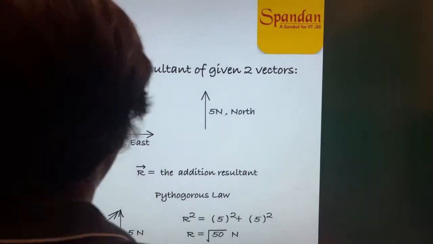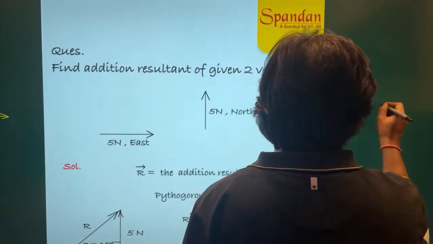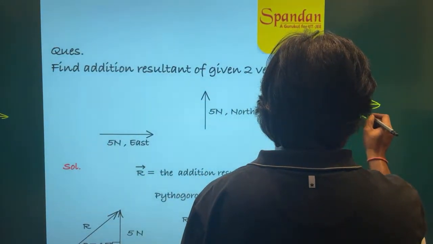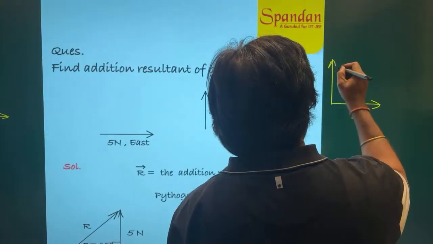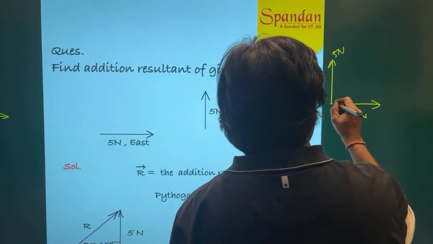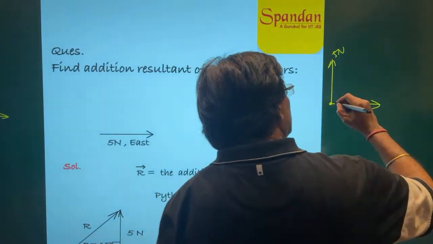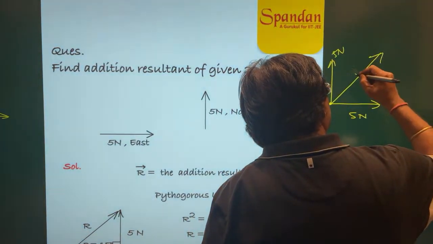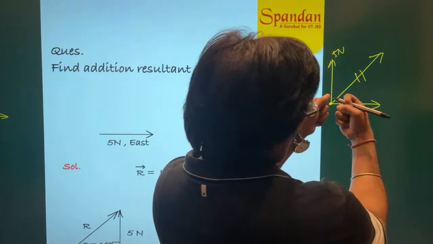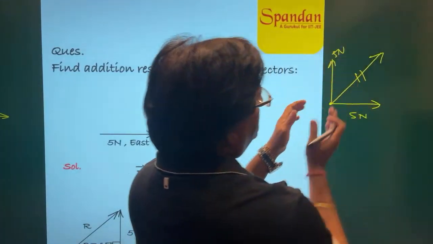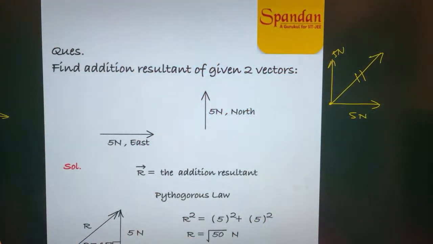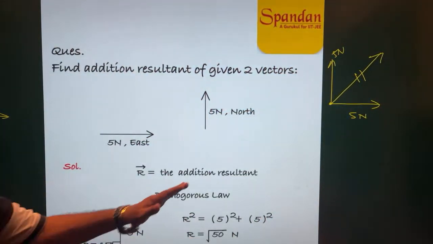So this particle has got two forces, 5 Newton towards east and 5 Newton towards north. So this particle will move in this direction, right? So if we are pulling same particle body in two directions, then resultant should be this, right? So this should be direction of addition.